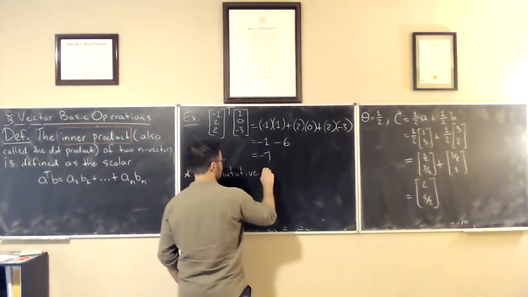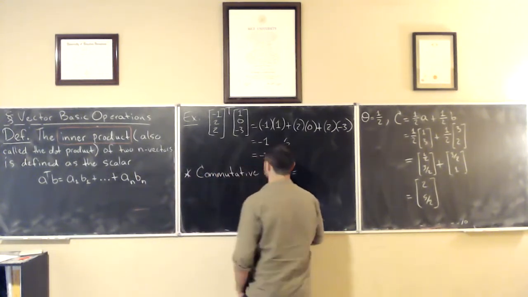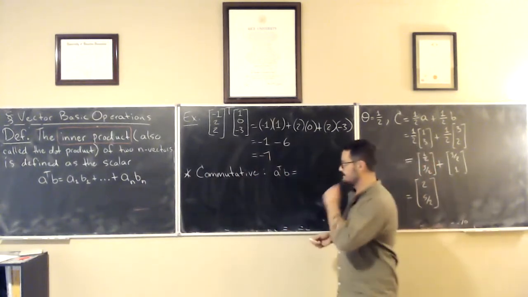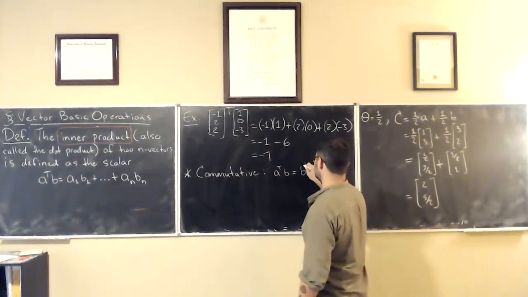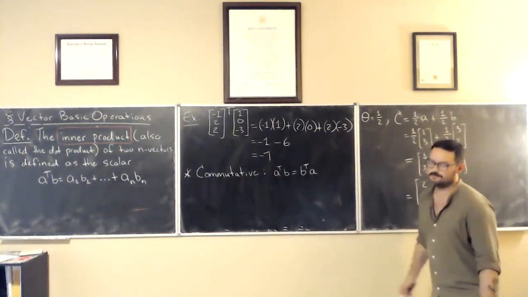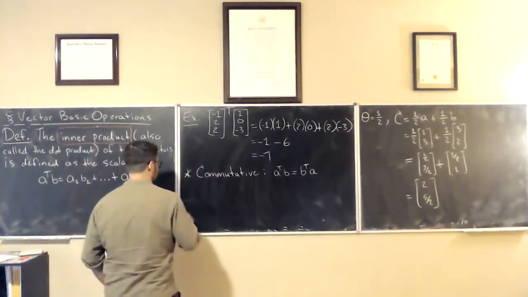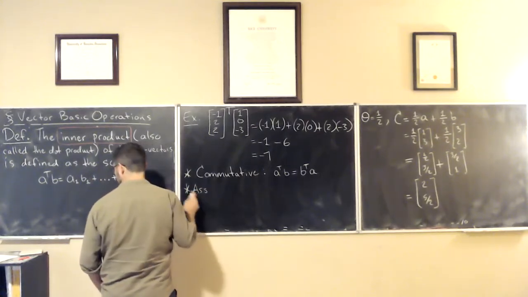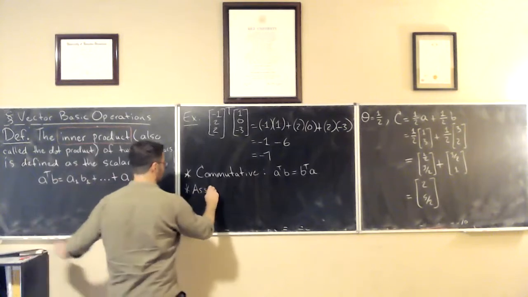Which basically means that A transpose times B, I said it out loud, that T means transpose, we'll learn what that means later, but the inner product of A times B is the same thing as the inner product of B times A. So it's commutative. It is associative with respect to scalar multiplication.